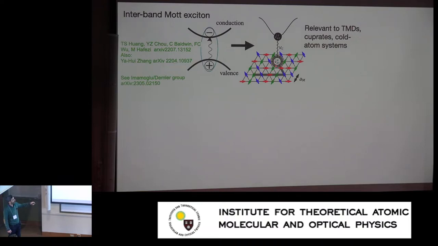I create a hole over here and an electron over here, and then now I have this exciton, but its tail is a hole that is in the bed of this antiferromagnetic state. So the diffusion of this exciton should feel this antiferromagnetic state. Right now we are trying to understand whether by doing diffusion measurement of these excitons, one can learn about the correlated and ferromagnetic states.